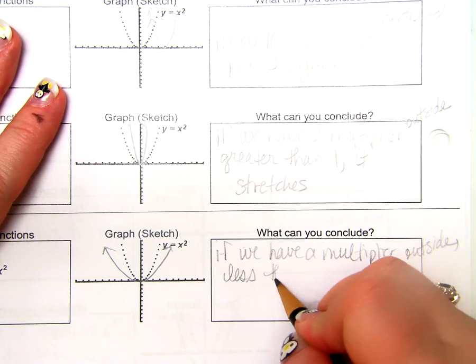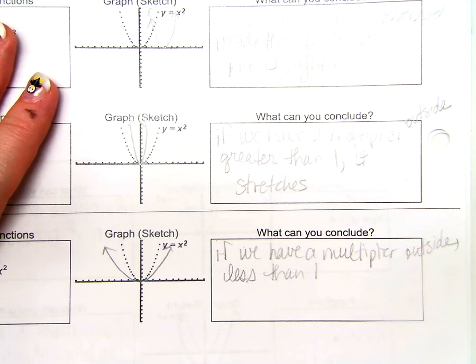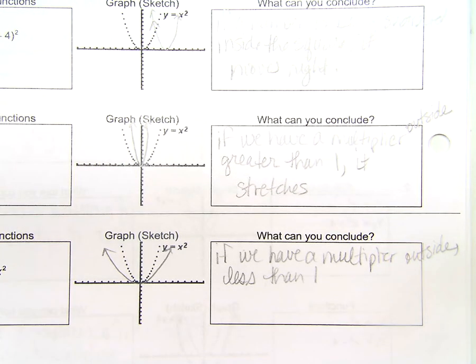So if we have a multiplier outside less than 1, and what? I'm not ready for the comma yet, to finish my little part of my sentence. Oh, why does it have to be bigger than 0?